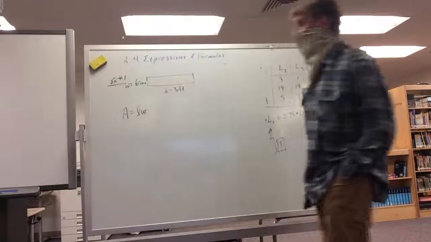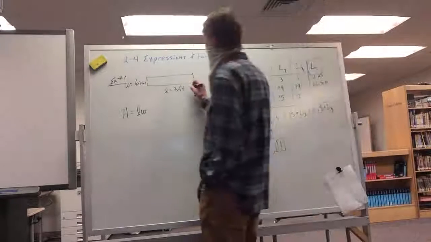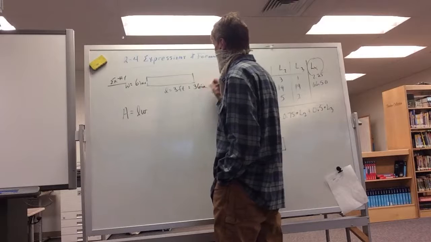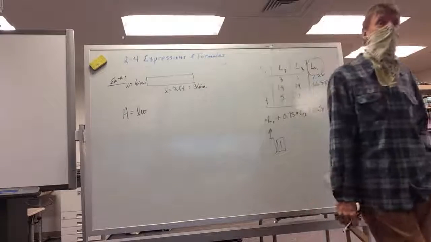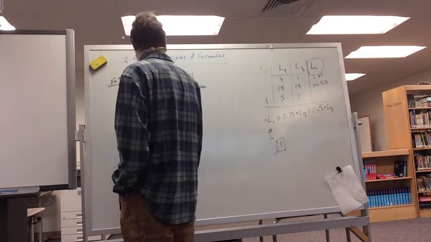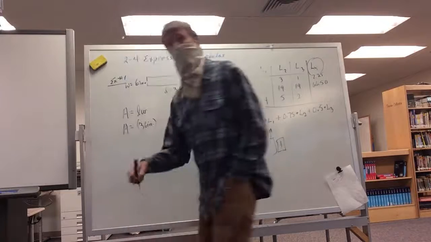Better. So what would you rather do, change the inches to feet or the feet to inches? Feet to inches. Okay, that makes sense. If we do that, how many inches is this? 36. 3 feet is 36 inches. So come down here to your formula, A equals 36, include your inches.